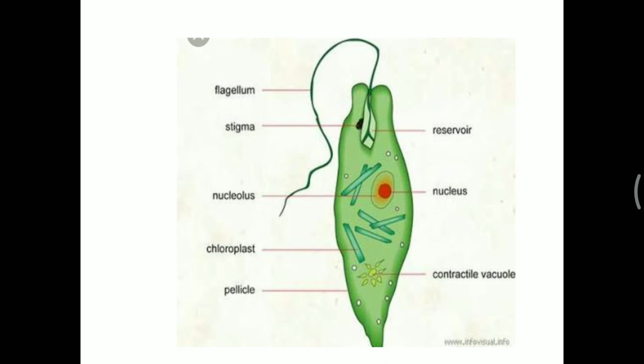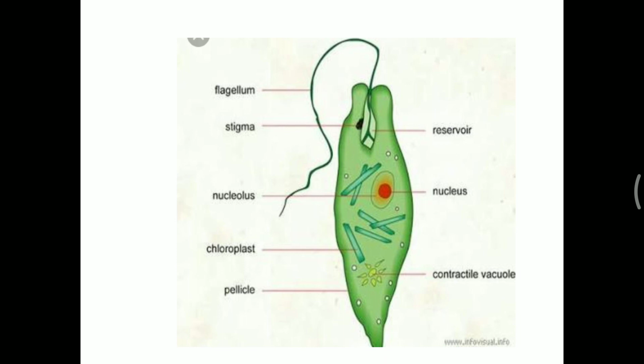You can see the structure of Euglena, the nucleus, how the longitudinal division occurs, and the pellicle is the outer covering of this Euglena. The structure is quite similar to amoeba, but there is a simple difference regarding the structure of the nucleus.